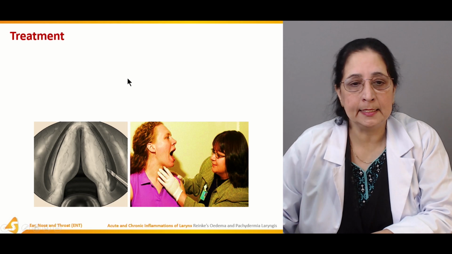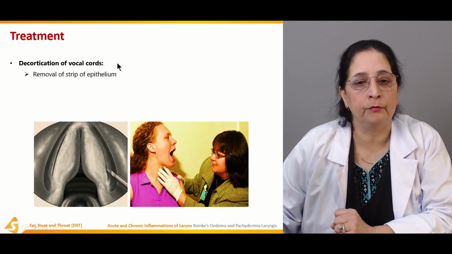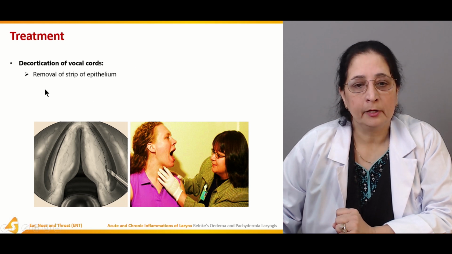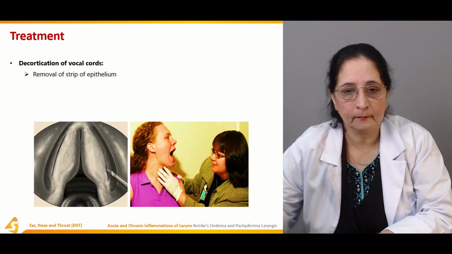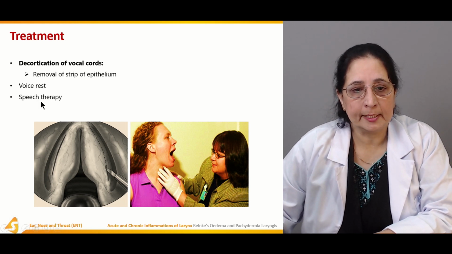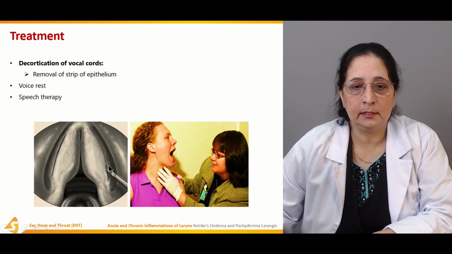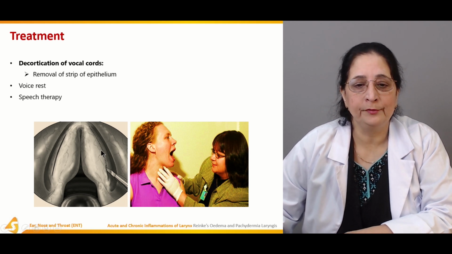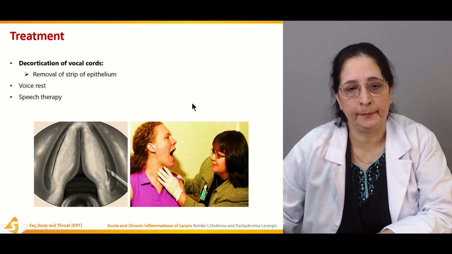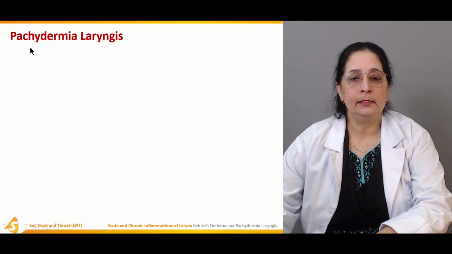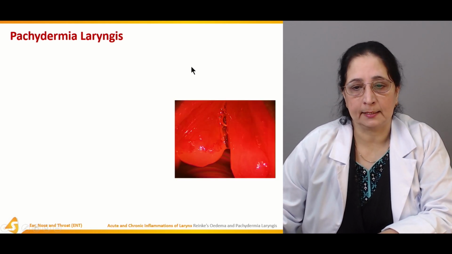Treatment of Reinke's edema: we have decortication of vocal cords, removal of strips of epithelium, voice rest, speech therapy. So if you see, this is trying to remove the strip of epithelium, voice rest and speech therapy.